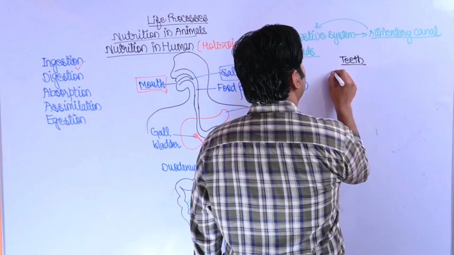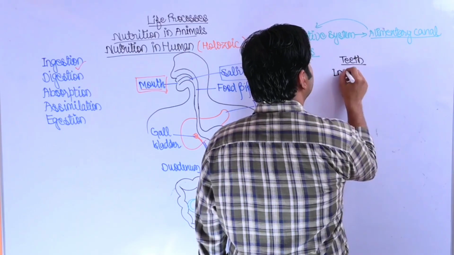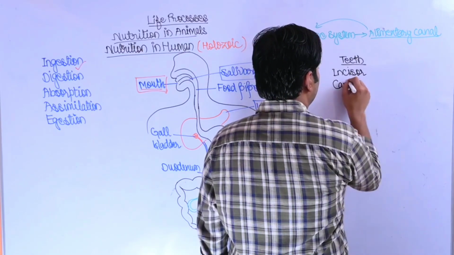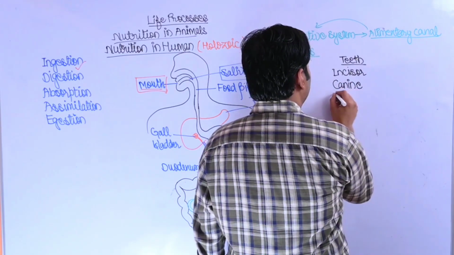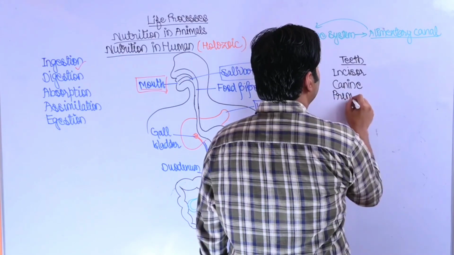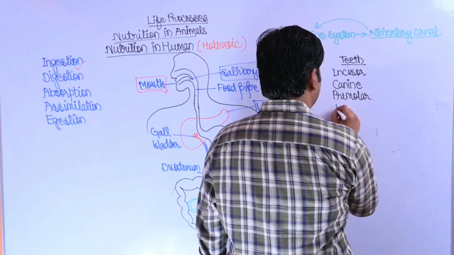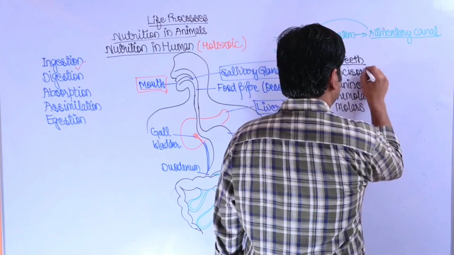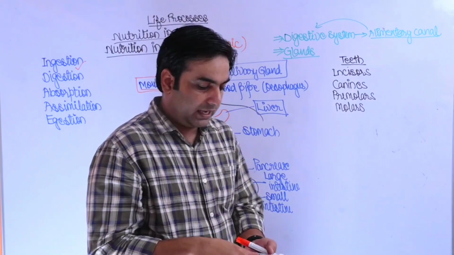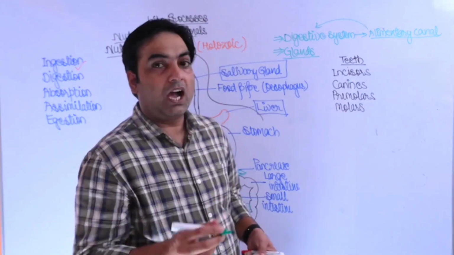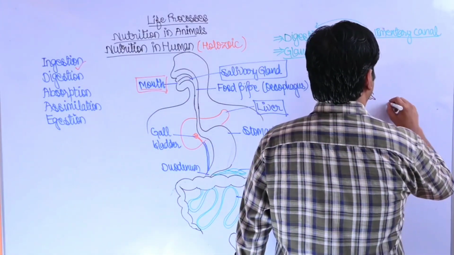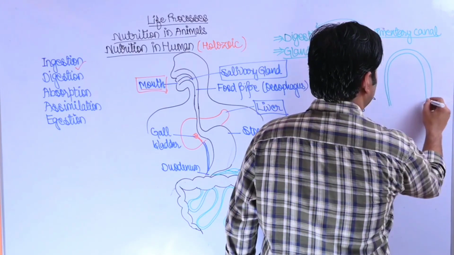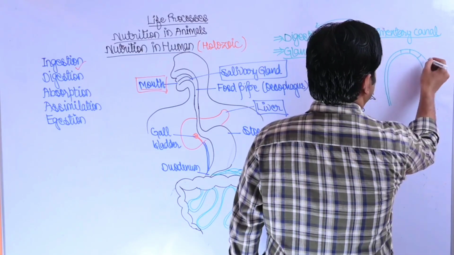These are incisor, canine, premolar, and molars. Their number is for half of the jaw. If we talk about a jaw, this is a jaw where teeth are present.